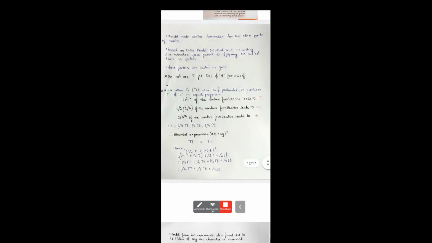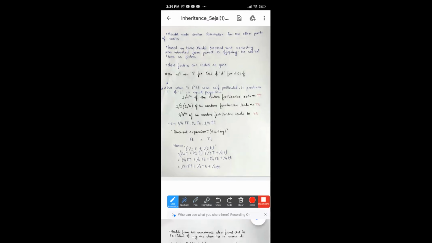So 1/4 of random fertilization leads to homozygous tall, half to heterozygous tall, and 1/4 to homozygous dwarf.